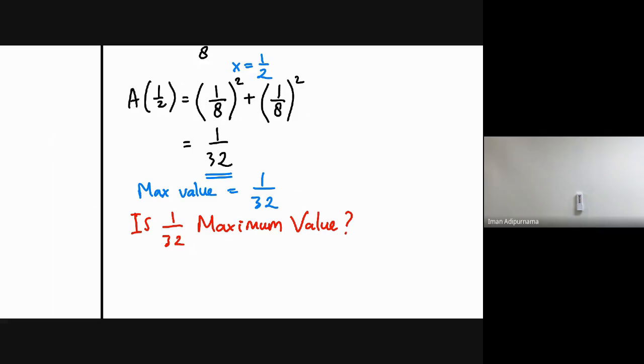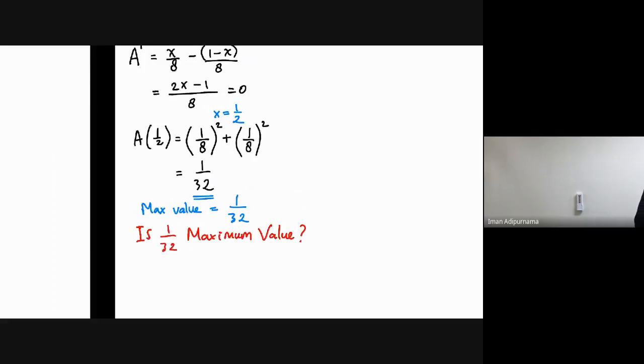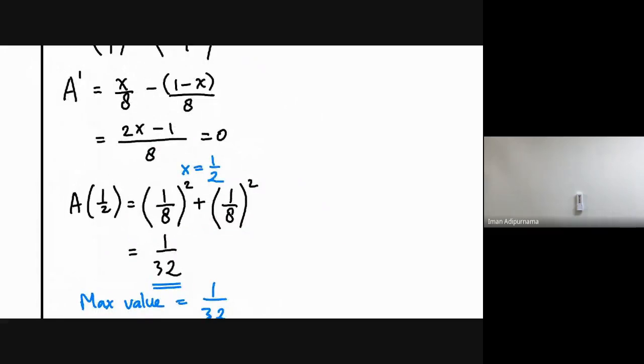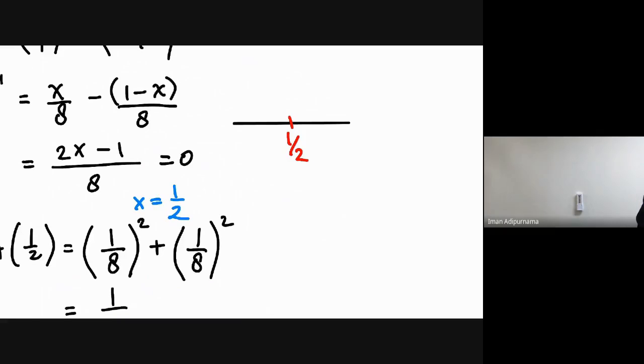If this only appears in the chapter on optimization, I can tolerate that. Maybe 1 over 32. But if we check this 1 over 32, let's go back to our critical point, which is half. Let's say this is your point, and what you did previously in checking the f prime, right?